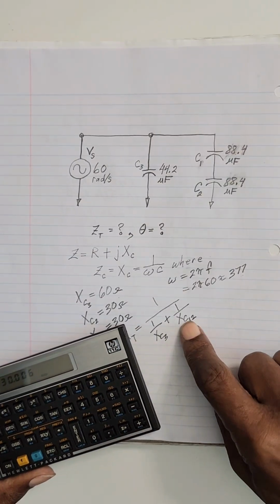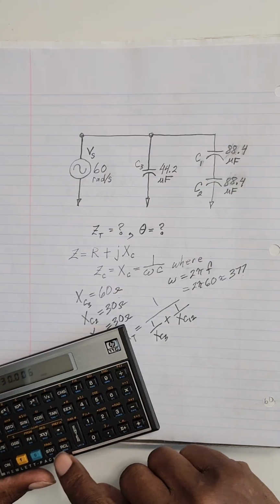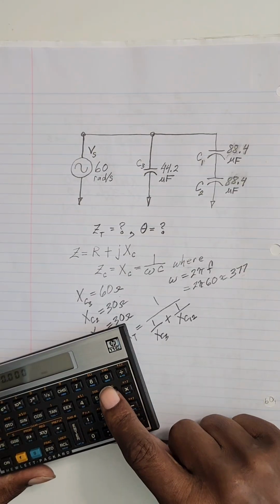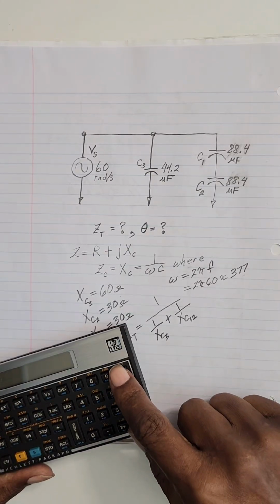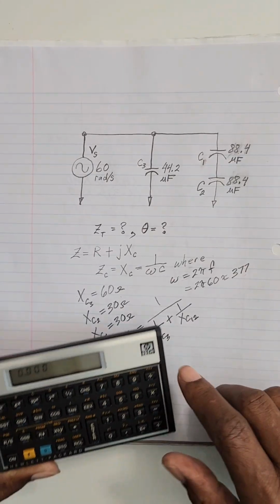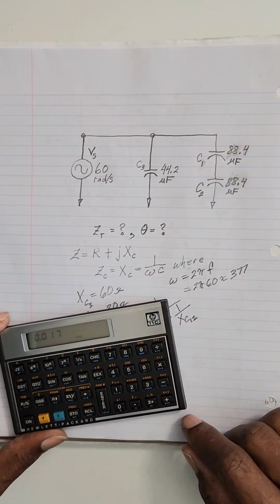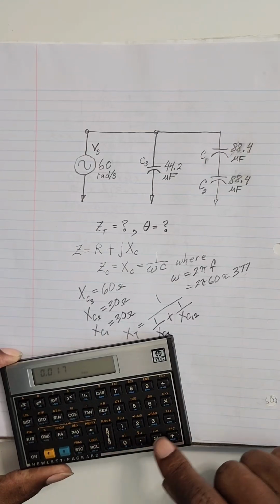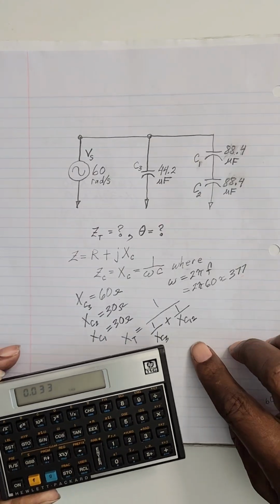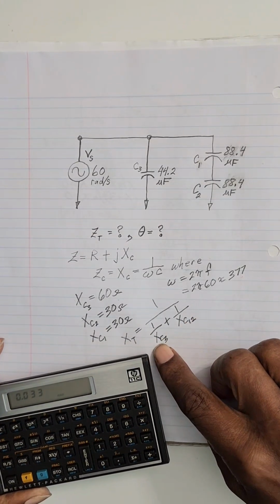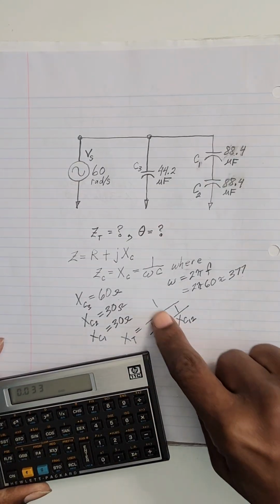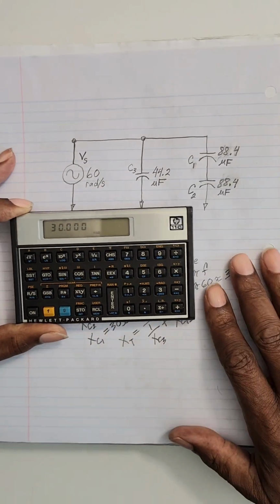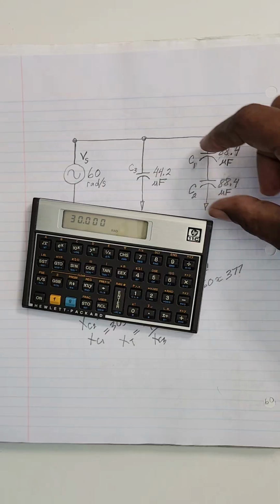We're going to get 60 here and 60 here. Basically, that's what's going to happen there. And taking the reciprocal of 60, I take the reciprocal of that, I get that. I'm going to add this. And so I get 0.033, and now I need to take the reciprocal of that, and I get 30, which makes sense because they're both the same, 60 and 60.